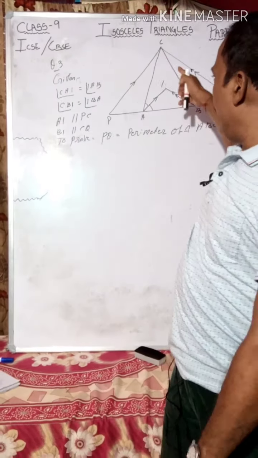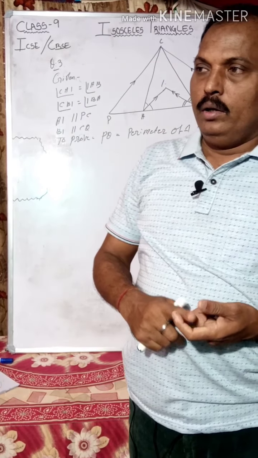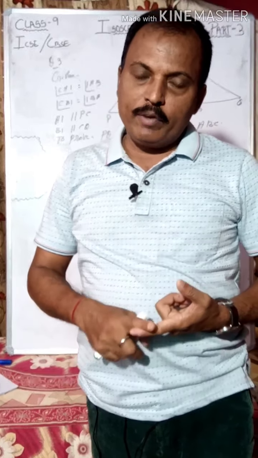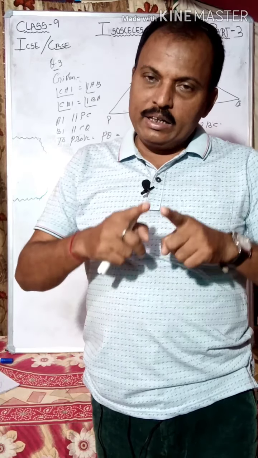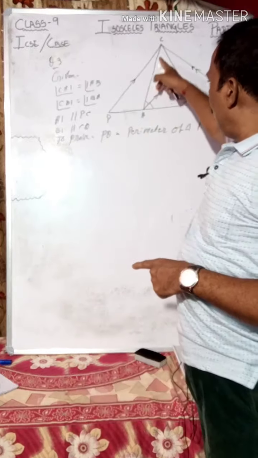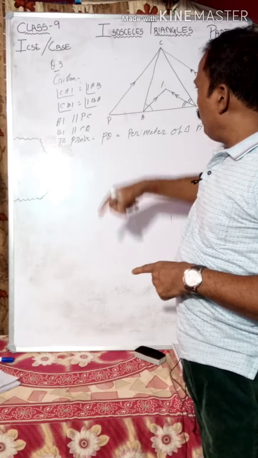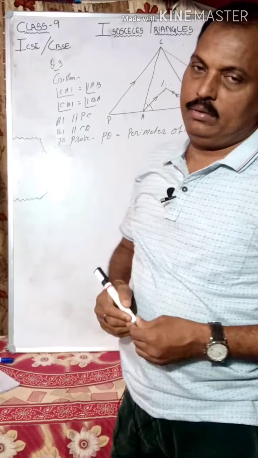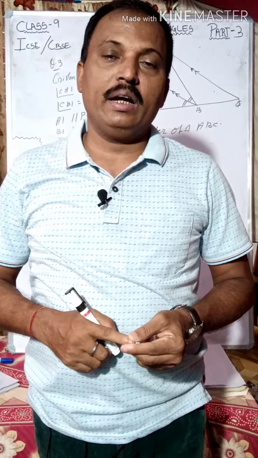If there is a triangle ABC, in triangle ABC the bisector of angle A and bisector of angle B, that is AI and BI, intersect at a point I. Then if AI is parallel to PC and BI is parallel to CQ, then prove that PQ is the perimeter of triangle ABC.